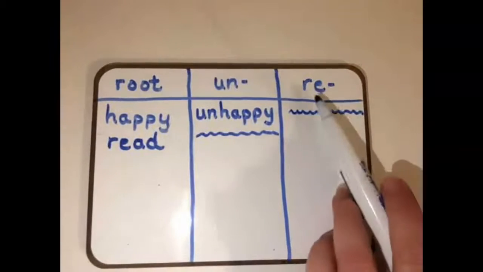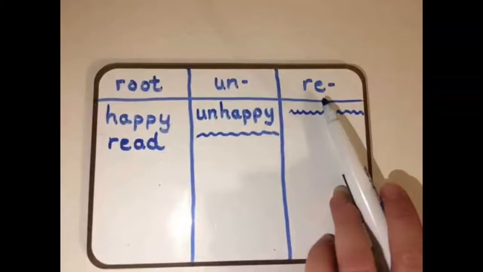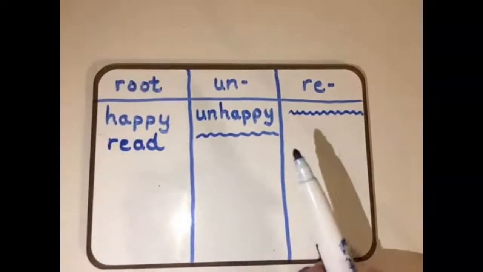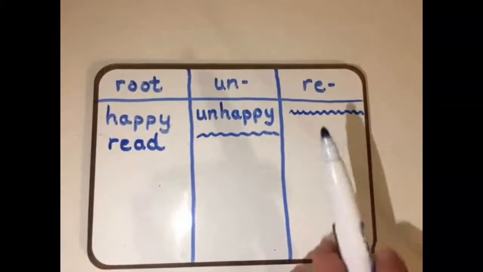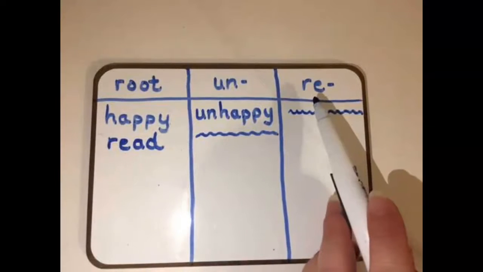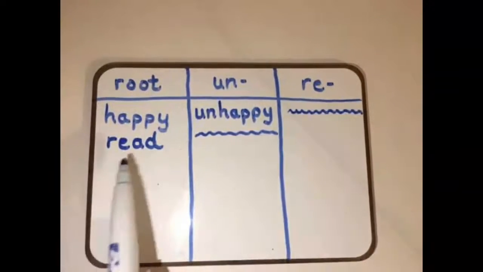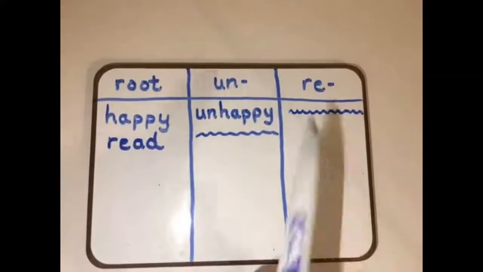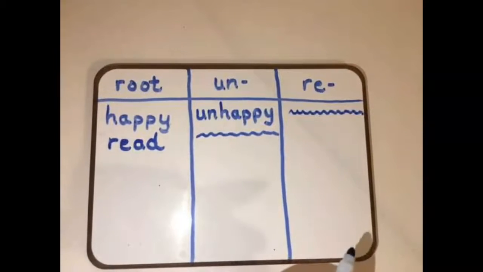What about re? What would the word be if we put this prefix on this root read? You can say it out loud. Reread. So remember, re means again. So reread means to read again. Is that something that we do?